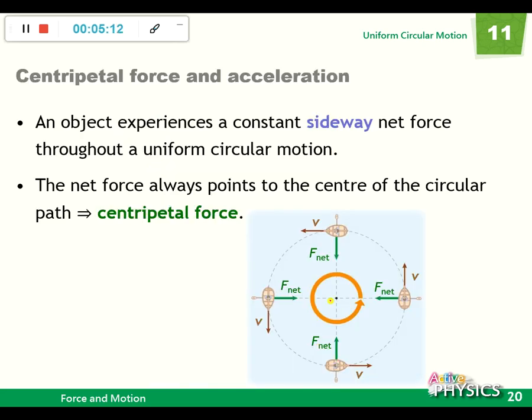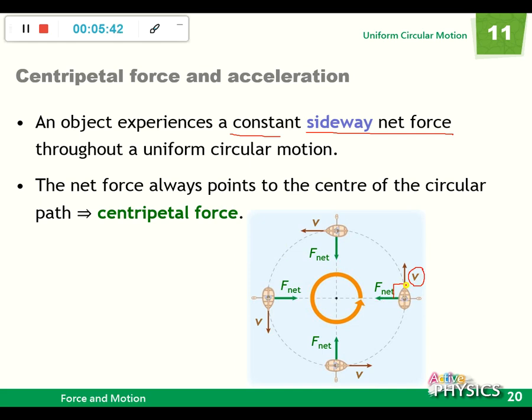Look at this. You should provide a force acting on it. This force should be a constant sideways net force to make it circular motion. Once again, look at this diagram. You can see that it should be at a right angle. It means that this force cannot affect the linear speed of it. The linear velocity is in the tangential direction.